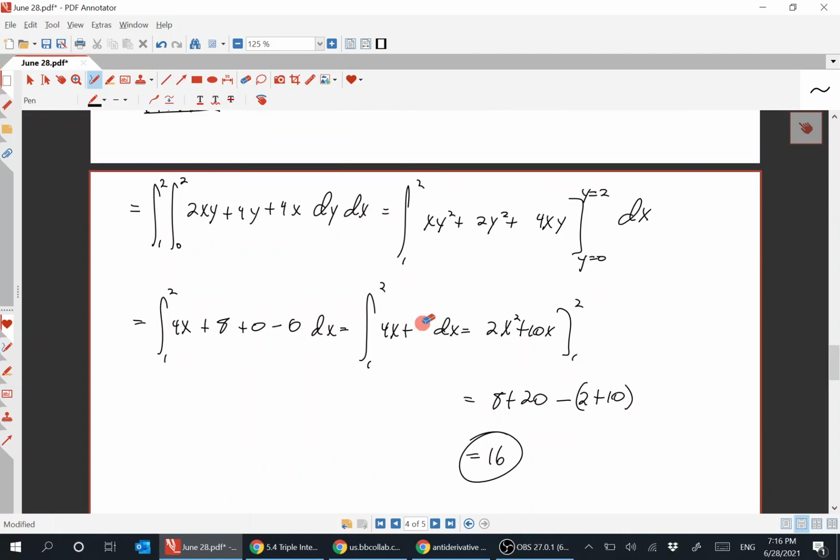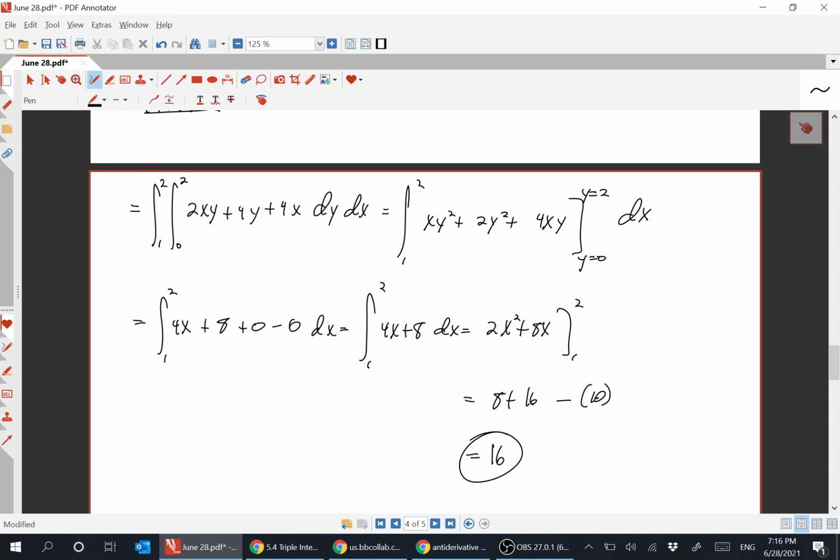So it's 4x plus 8. So at 2, you're going to get 8 plus 16 minus at 1, you're going to get 10. So 26 minus 10 is 16 again.